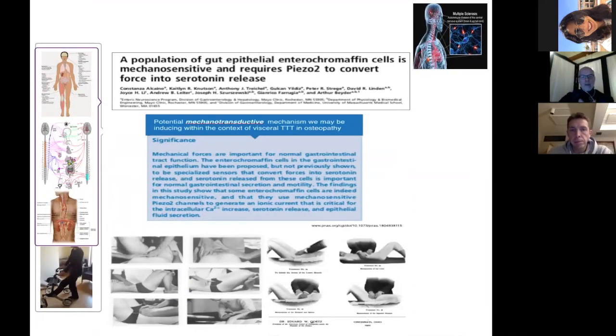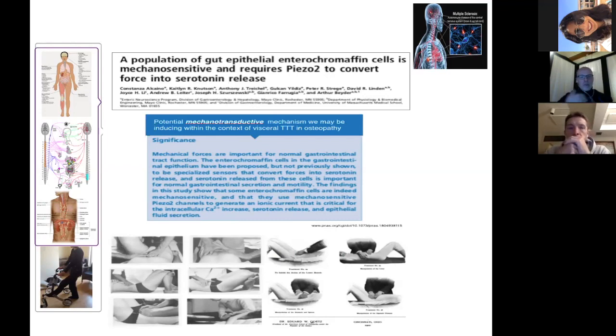And again, another thing, the whole activity of the serotonin function within the gut, which is significant in terms of irritable bowel and things like that. Raised and modified serotonin levels are again influenced by these mechanico-sensitive piezoelectric influences on the cellular level in the gut.